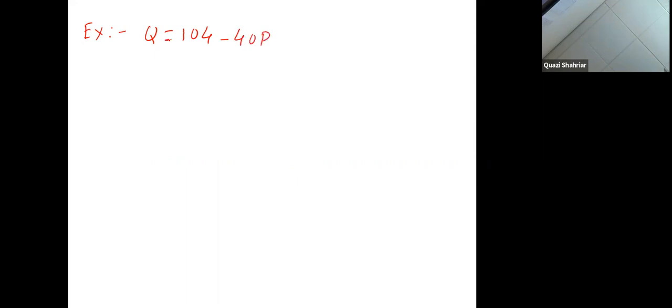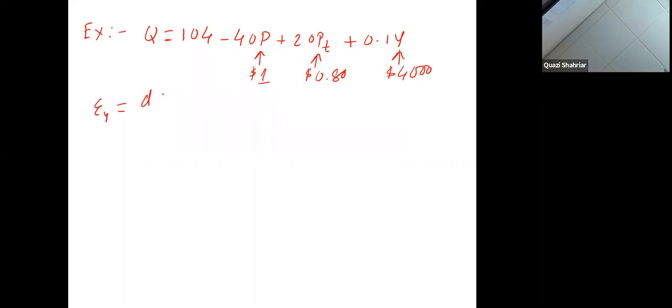Q equals 104 minus 40P plus 20 PT plus 0.1 Y. Suppose we are told that the price of avocados is currently $1, the price of tomatoes is 80 cents a pound, and the income of the consumers is $4,000. We want to measure the income elasticity of demand using the differentiation-based formula.